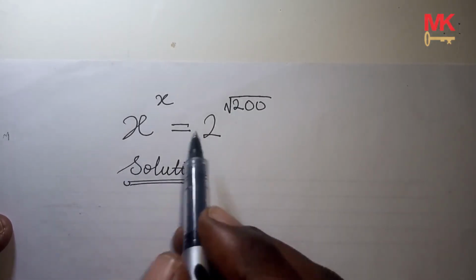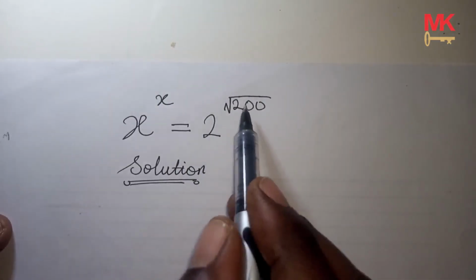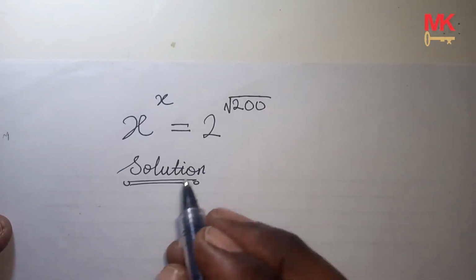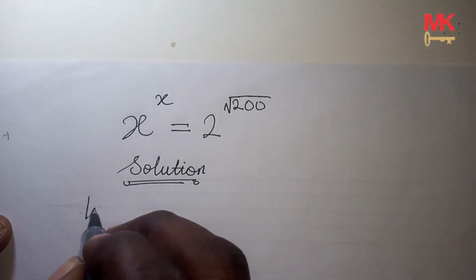So, the first thing we're going to do is to simplify the right-hand side in such a way that the base and the exponents will now become the same.